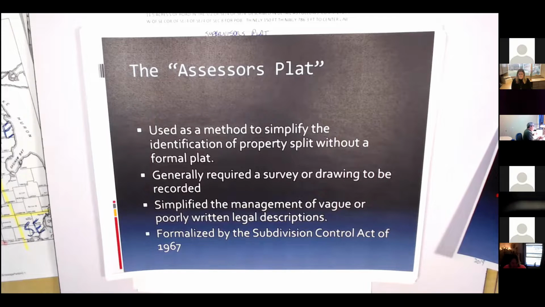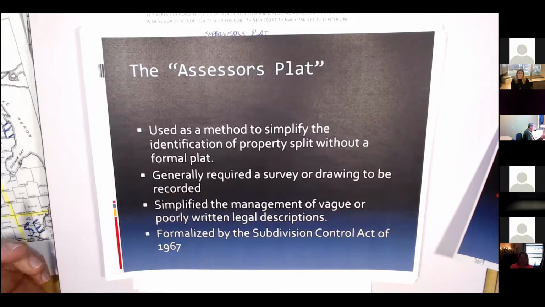So what they came up with was the legal ability for the assessor, which often was the supervisor of a political township, to be able to go into one and say, okay, this is a little ambiguous. These descriptions aren't very good. So what we're going to do is we're going to have this property surveyed, and this piece of property that you gave to son number one, from now on, is going to be called supervisor's plat, and they would usually number them.